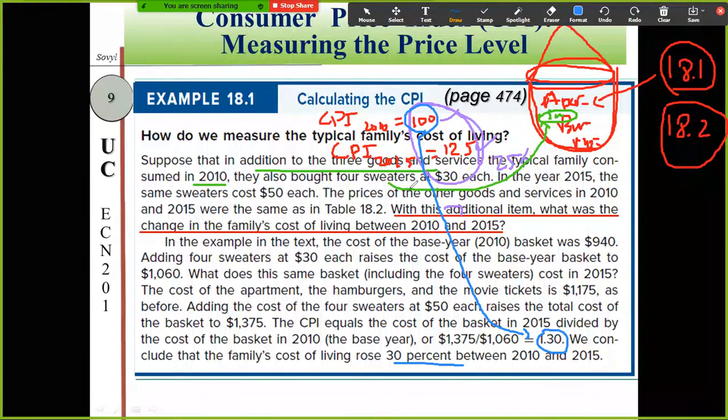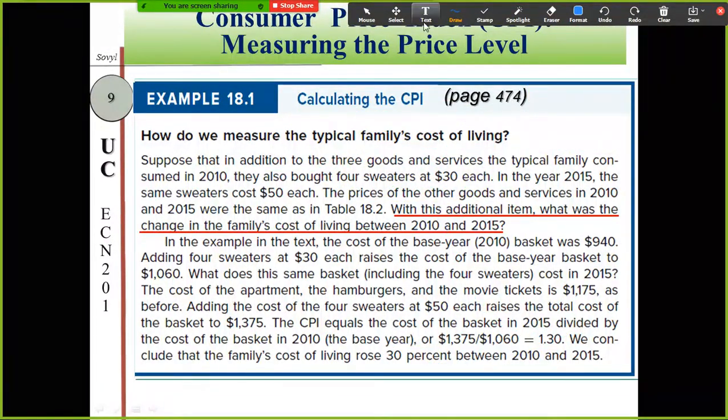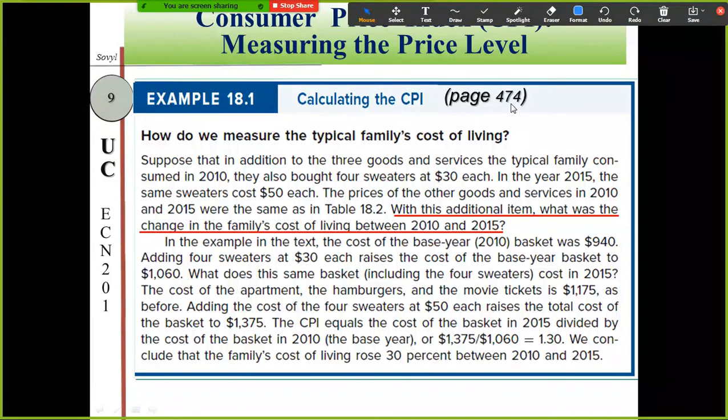So we compare the old information with the new information. With the old basket of only three items, from 2010 to 2015 the typical family spends only 25% more. But if they buy four items in the basket, from 2010 to 2015 this typical family's spending increases by 30%. Okay, so you can go to see this page.